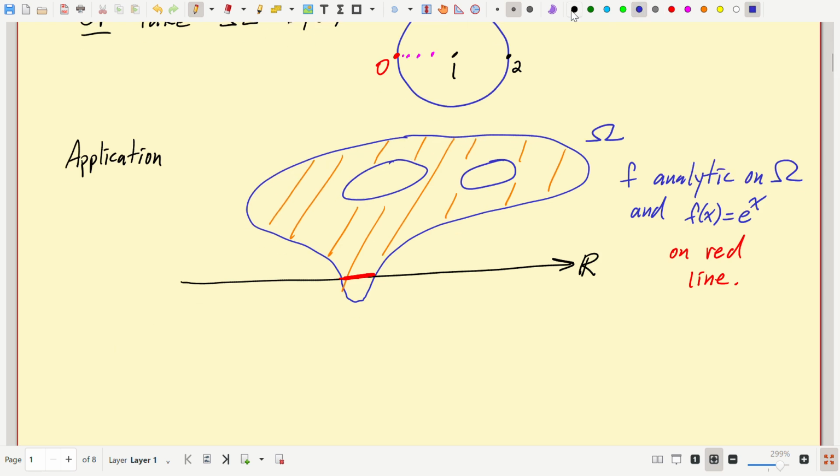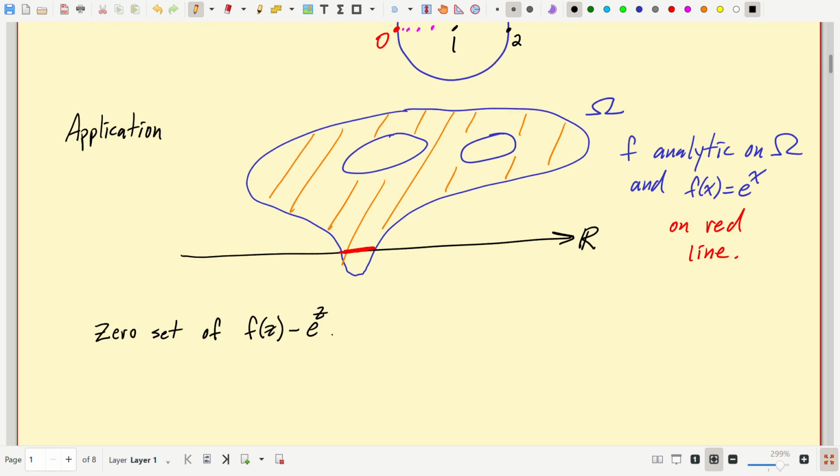The zero set of f of z minus e to the z has a limit point in omega.